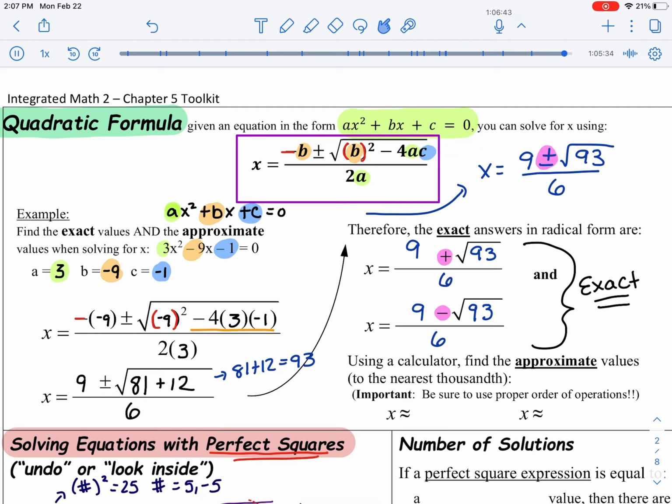So now when I punch that up, my first equation that came from x equals 9 plus the square root of 93 divided by 6 is approximately 3.107.